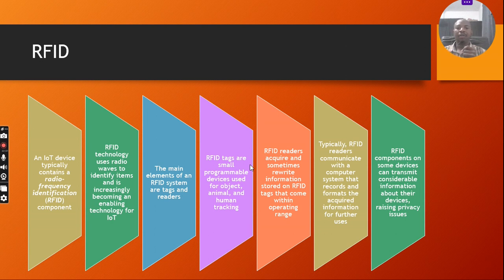They must have one. Remember, a radio frequency identification component comprises a tag and a reader. Radio frequency identification technology uses radio waves to identify items, and it's increasingly becoming an enabling technology for the Internet of Things.